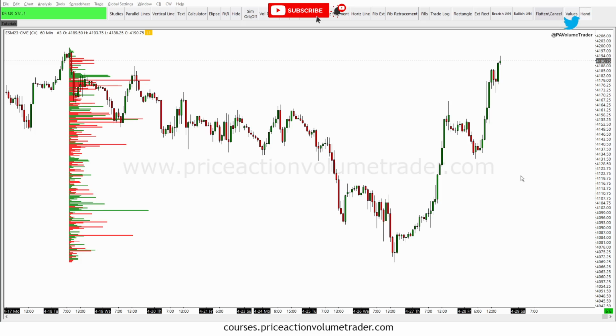Absorption is one of the most important things that I look for when I am doing my day trading, because absorption is showing us what areas are being defended by big players, meaning big passive traders or institutions, banks, hedge funds that have big orders to buy or sell, and they need liquidity from aggressive traders in order to fill their positions.